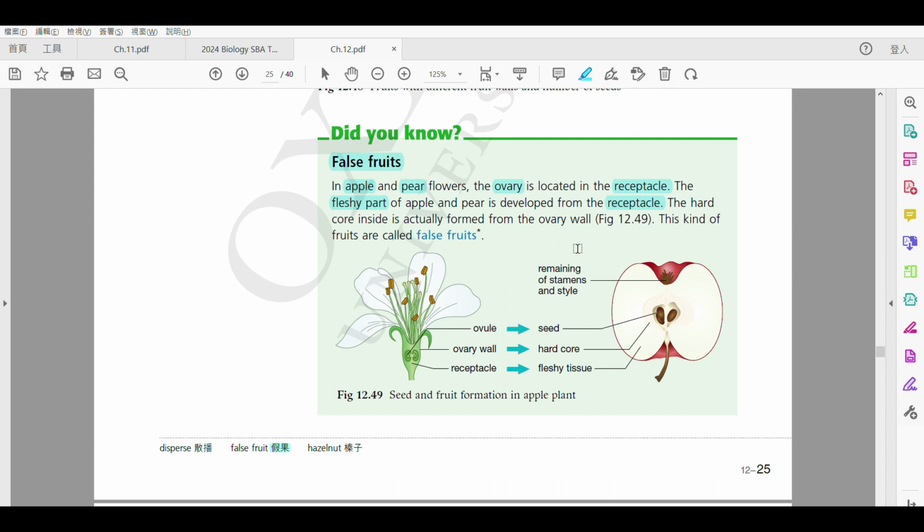So where is the ovary wall? It is actually the hard core inside.